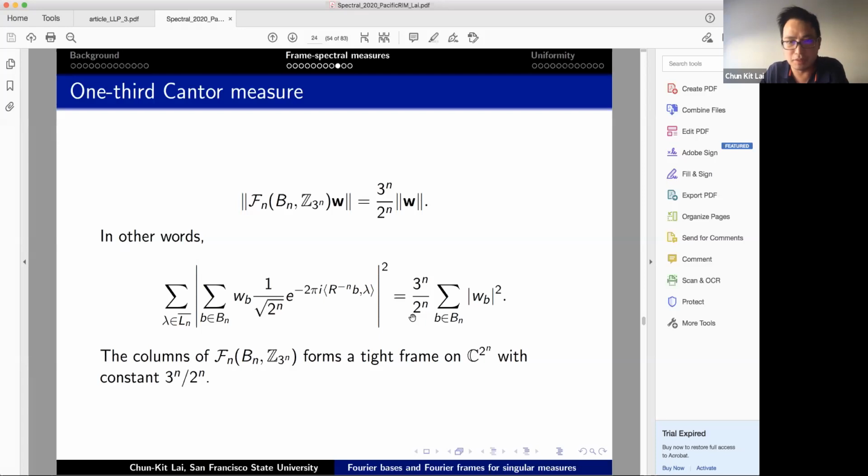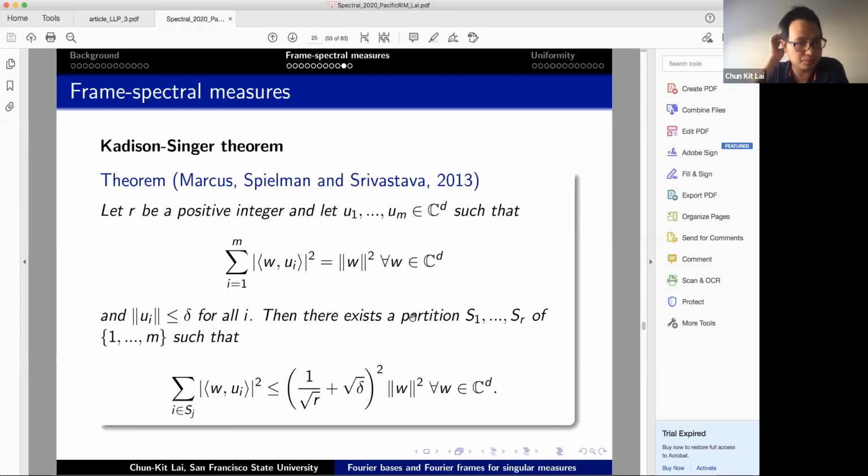But it reminds us of the Kadison-Singer problem. So let's talk about the Kadison-Singer problem. Originally it was a conjecture by Kadison and Singer in the setting of von Neumann algebras, but later on it was refined into many equivalent conditions, and one of the conditions is related to frames.